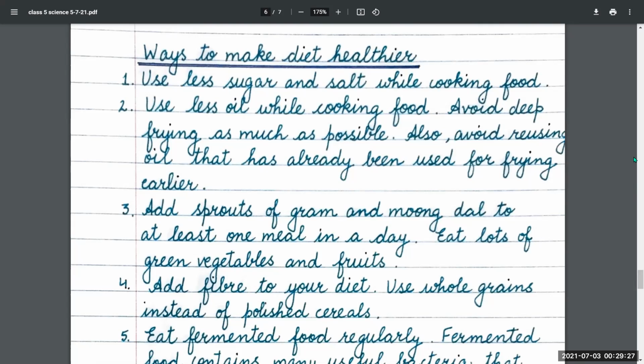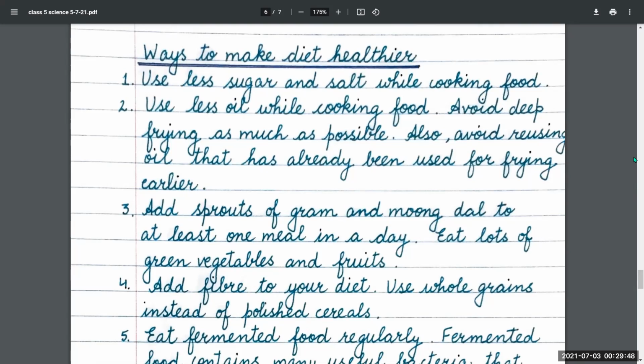Also, avoid reusing oil that has already been used for frying earlier. Add sprouts of gram and moong dal to at least one meal in a day.